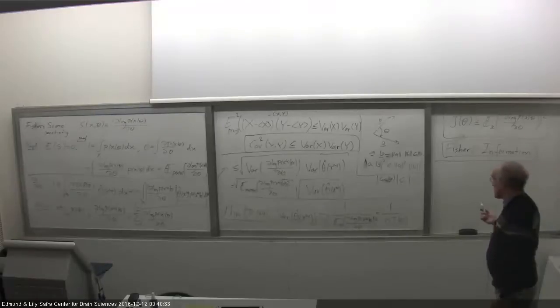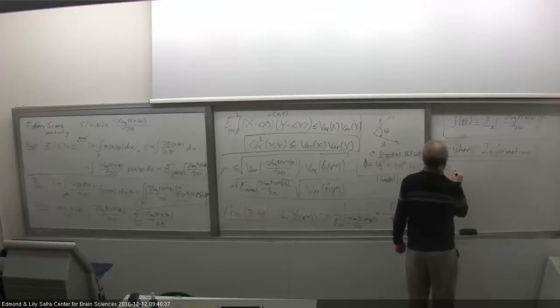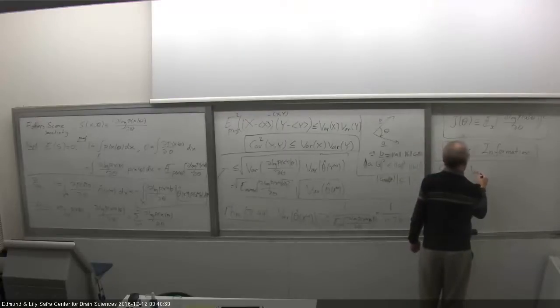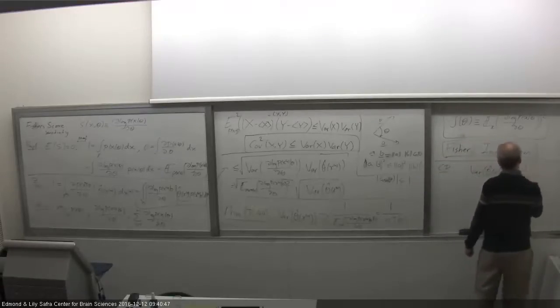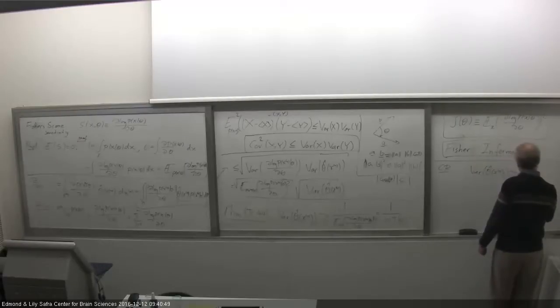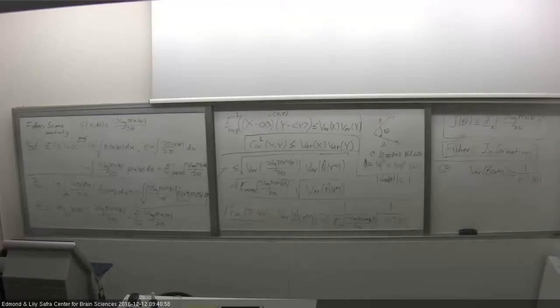Okay, so notice again, the Cramér-Rao bound is telling us that the variance of any unbiased estimator from n samples is always bounded below by a positive number that goes to 0 when n goes to infinity.